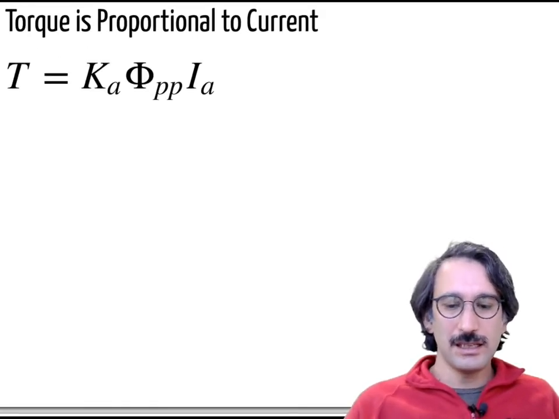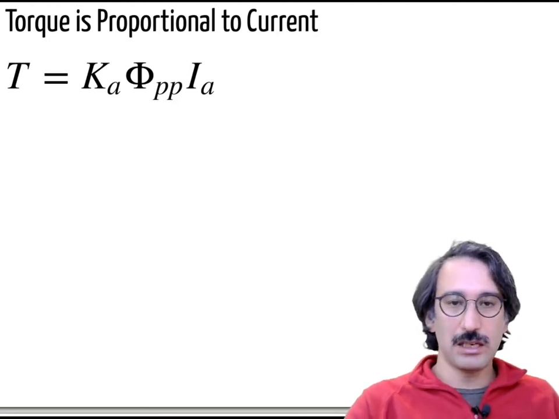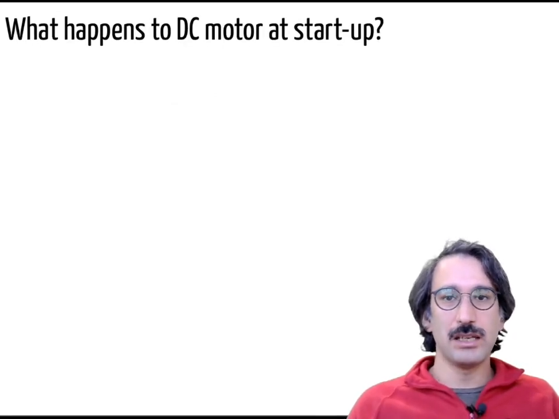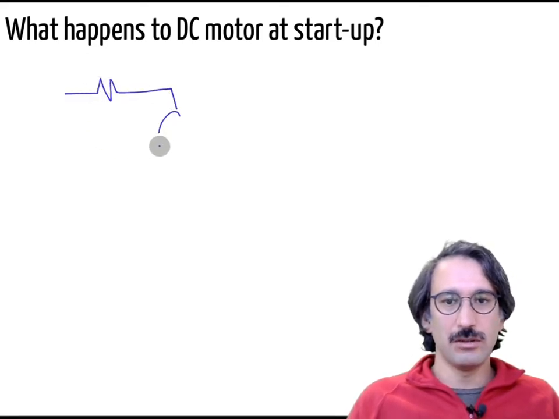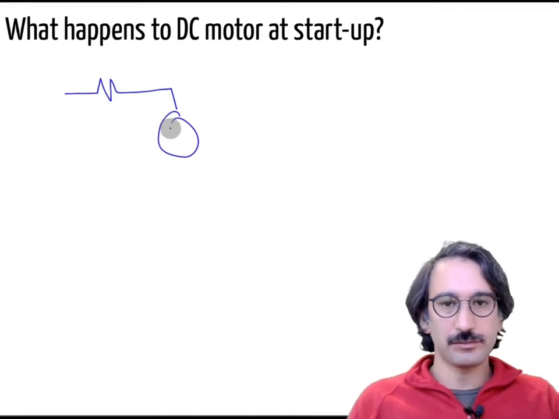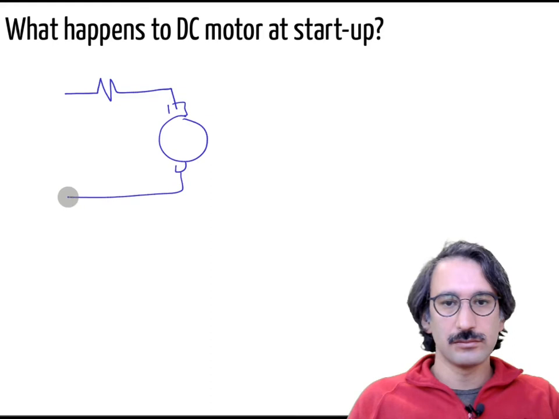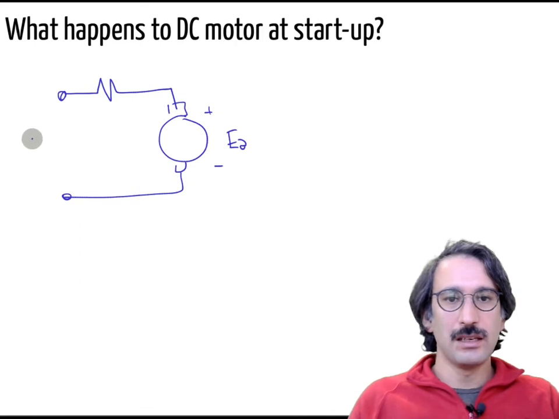So again, torque is proportional to current. The next question that you can ask is, what happens to a DC motor at startup? Let me write the equivalent circuit again. It's a simple equivalent circuit, let's say EA, and then we have VT here.